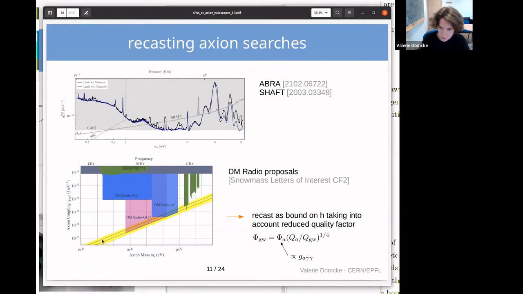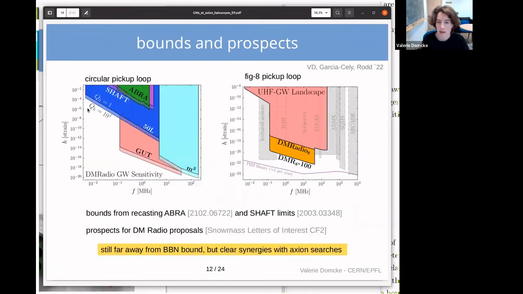So if these proposals are built and performed all the way down to the QCD axion line, which is the goal, then you would automatically be covering this parameter space for high frequency gravitational wave searches.